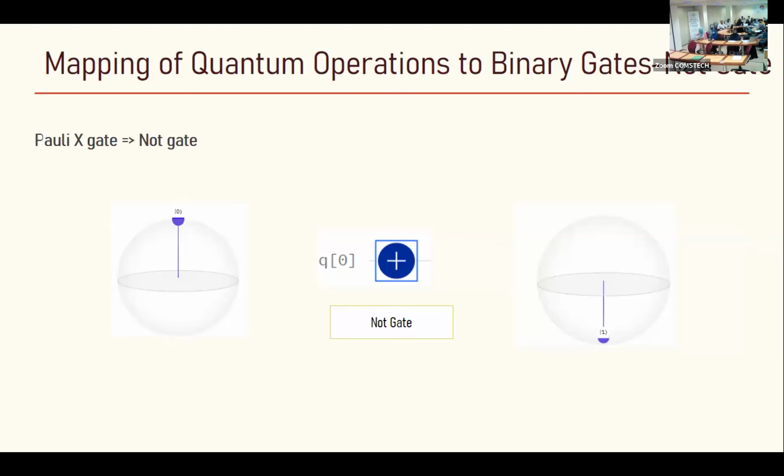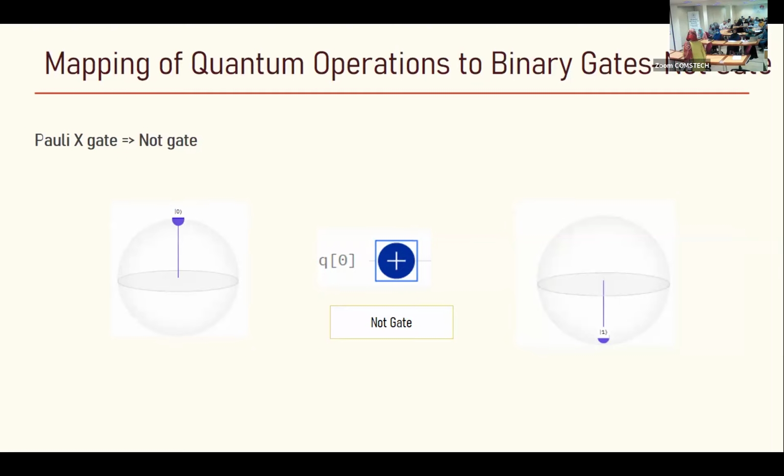What is the quantum analog to NOT gate? Pauli X gate? Yes. Whenever you want to implement an inverse, you simply apply a NOT gate, and in the quantum domain, you apply an X gate, right?